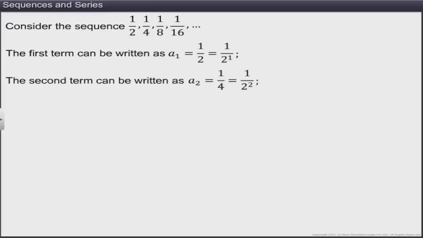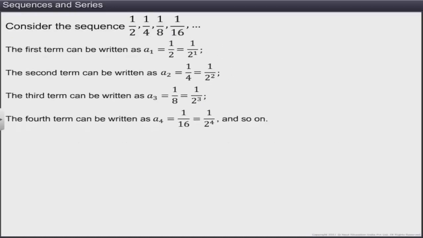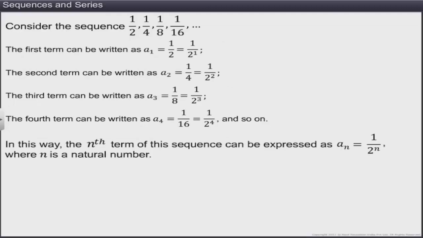The third term, 1/8, can be written as 1/2 raised to the power of 3. The fourth term, 1/16, can be written as 1/2 raised to the power of 4. Similarly, we can write the succeeding terms. In this way, we can say that the nth term of this sequence can be expressed as 1/2 raised to the power of n, where n is a natural number.